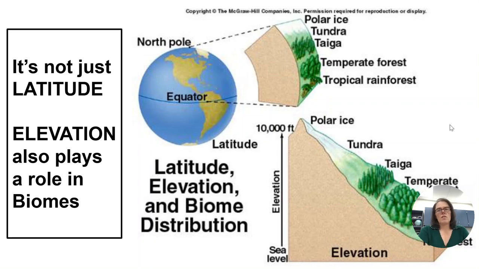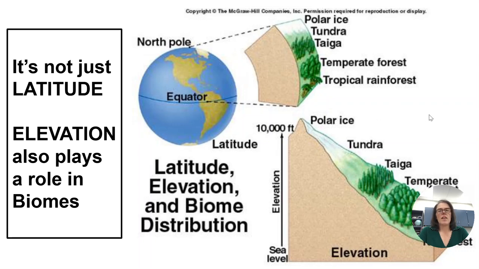If you ever have a chance to go, you can sit on the beach in your bathing suit, be happy with a fruity drink in your hand, maybe, and you can drive in about 2 hours to the top of Mauna Kea. There's an observatory up there, and you will need a parka because it's so cold, because you've just gone up roughly 14,000 feet in 2 hours, and you are going to travel through different biomes as a result of that.